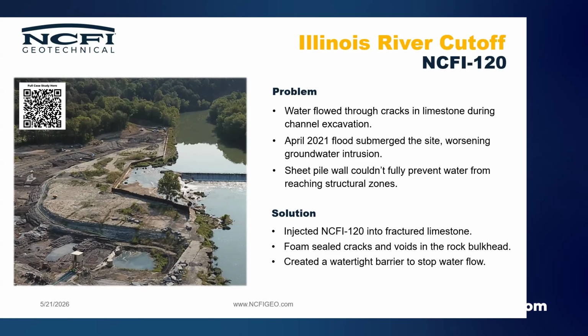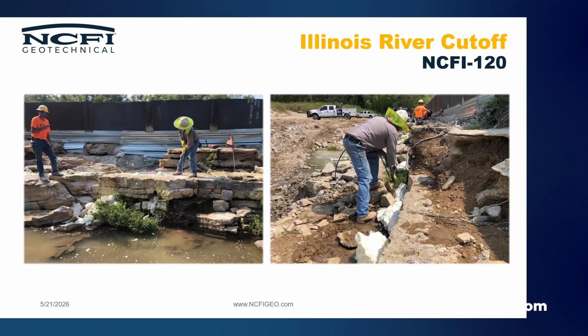Because it was all rock, they didn't want to do sheet piles. So we grouted that fractured limestone, sealing off all the cracks in the bulkhead. You can see where the water was coming through, about 12 or 14 inches down. We drilled through there and injected it and got all the water stopped so they could build their structure.